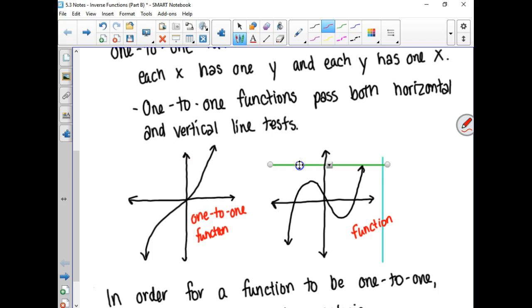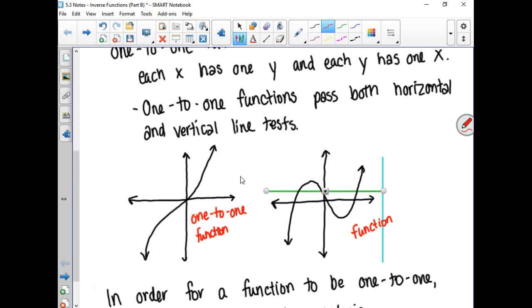Over here, this function does not pass the horizontal line test. We've got, right here, if this was at 1, girl 1 has 1, 2, 3 different boyfriends. In this case, you've got three different x's that go with that single y. So this is not 1-to-1.